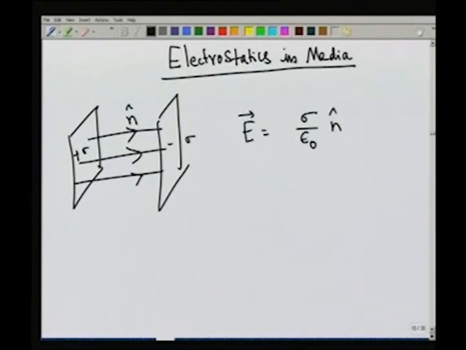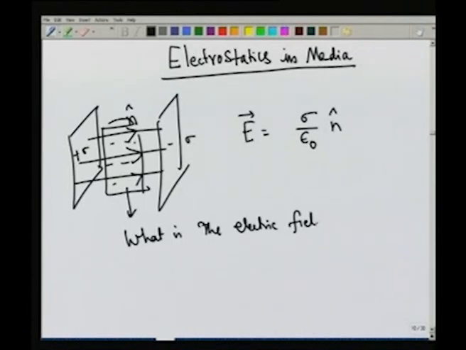Now the kind of question that we want to ask is, suppose I put a jar of water in this. What is the electric field here in the jar of water? Or perhaps wood, or perhaps mica, or perhaps a metal, or perhaps something like a superconductor.